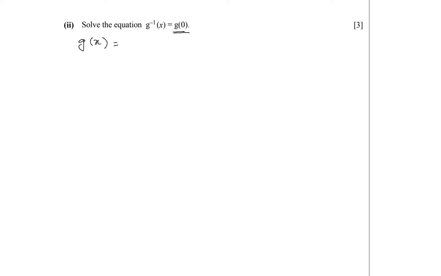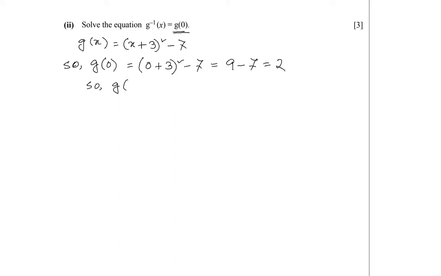Our g(x) was (x + 3)² − 7. Now let's substitute the value of x as 0. So we get g(0) = (0 + 3)² − 7, which is 9 − 7, which is 2.